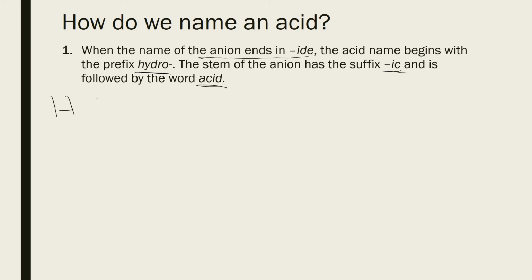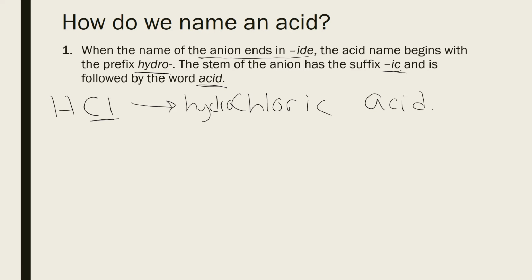So your example would be HCl. HCl has no polyatomic ion, it's just the Cl anion, which ends in IDE, chloride. So we're going to change it to chloric, and we have to put hydro in front of it. So hydrochloric acid. That would be the name for HCl.